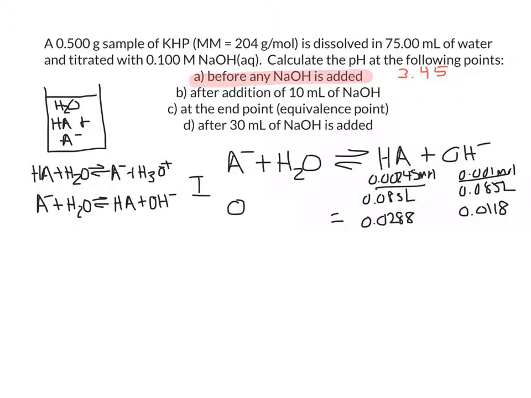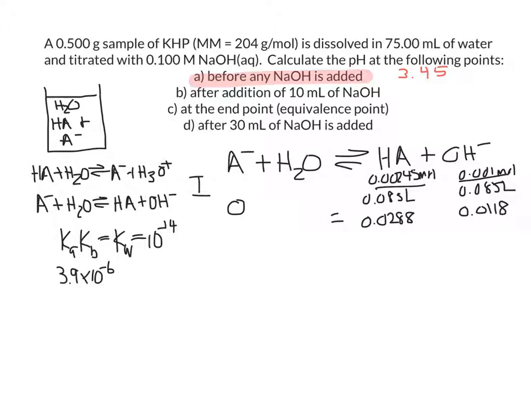Remember that Ka times Kb has to equal Kw, and Kw is 10 to the minus 14. And so I know my Ka. My Ka is equal to 3.9 times 10 to the minus 6.